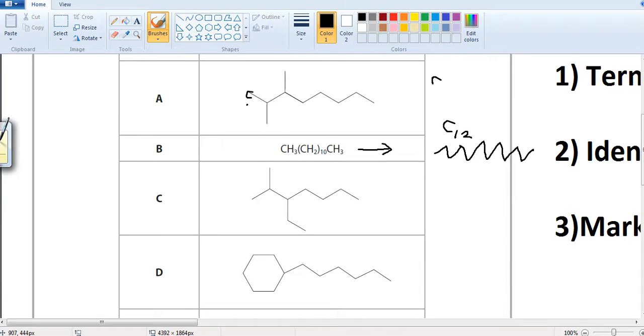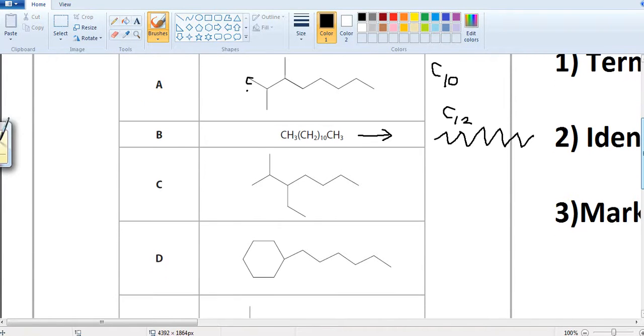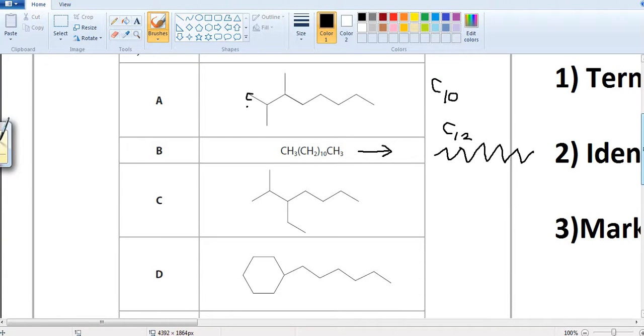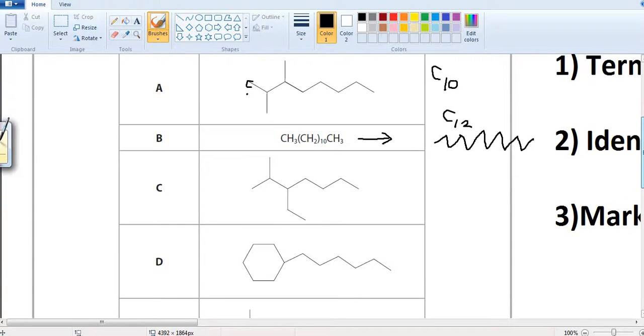So A has 10 carbon atoms. Since there is a difference in the carbon atoms between A and B, they shouldn't be isomers. The first requirement is to have the same molecular formula. Since they have differing numbers of carbon atoms, A and B shouldn't be structural isomers.